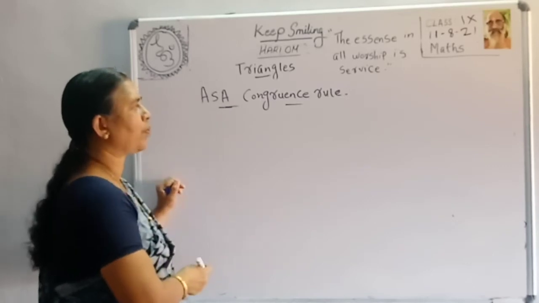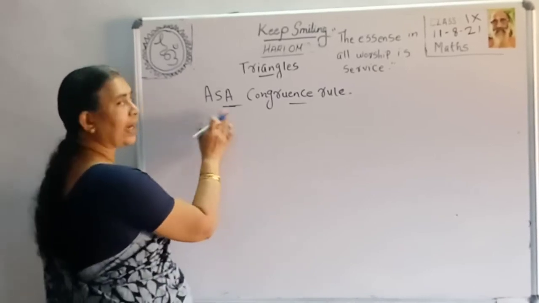Next is ASA congruence rule. ASA, angle, side, angle.